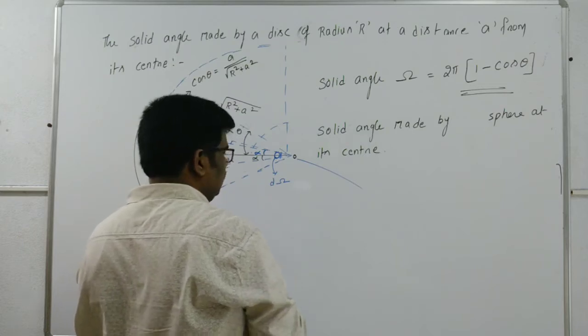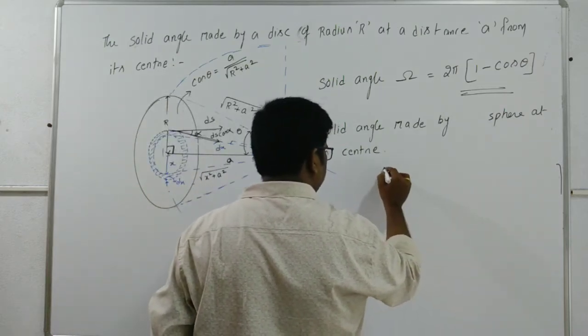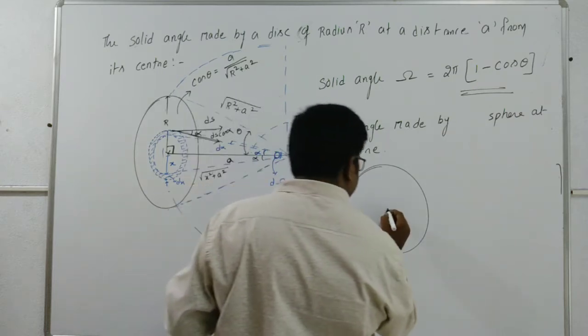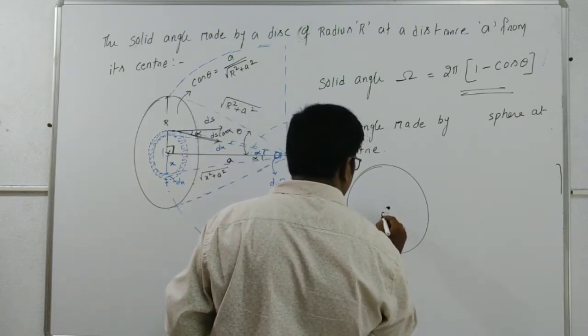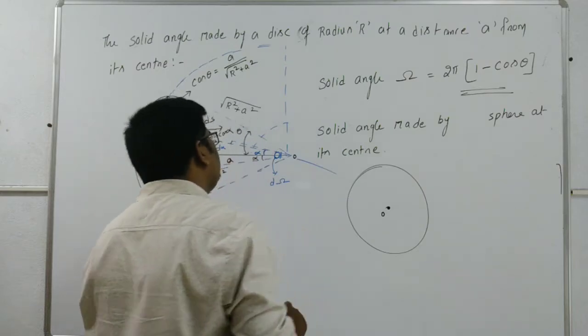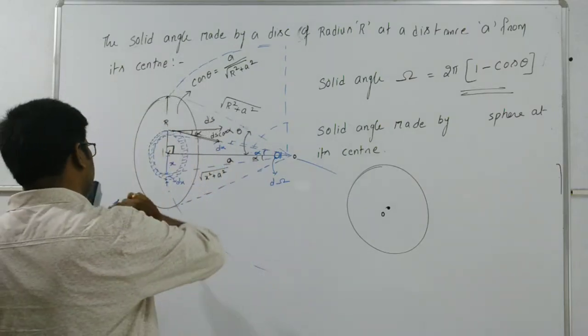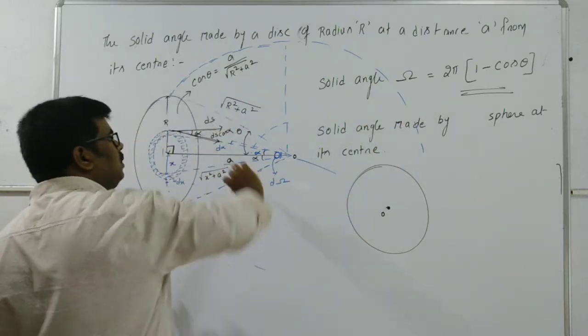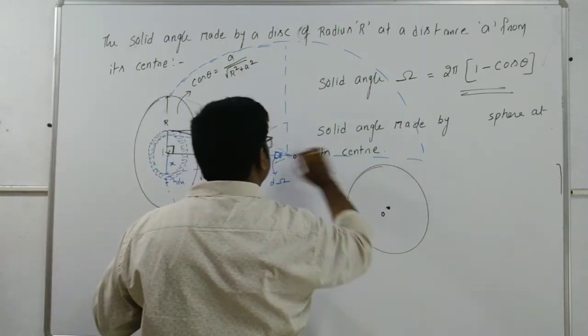If you take a complete sphere, this is the center O, and this is the complete sphere, with this axis.